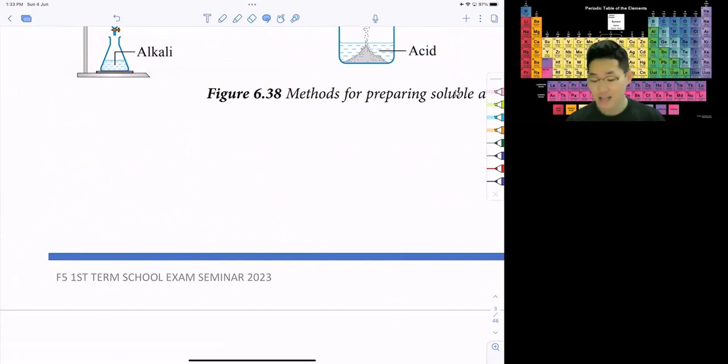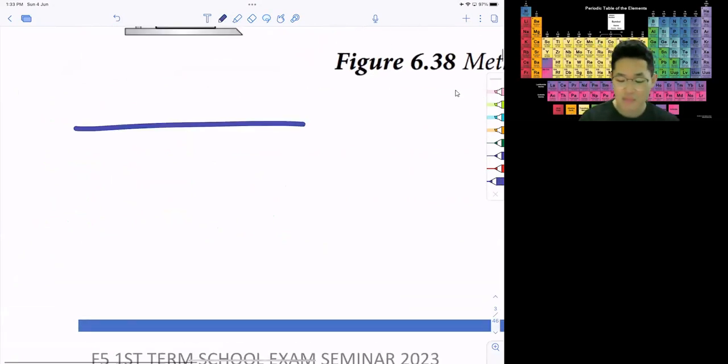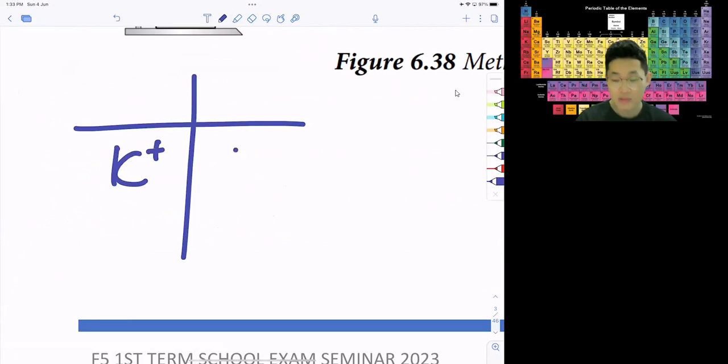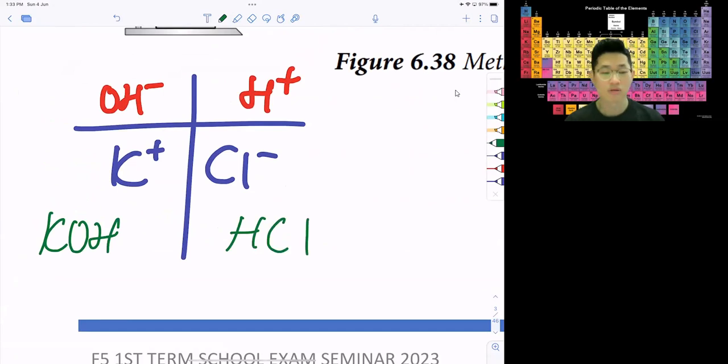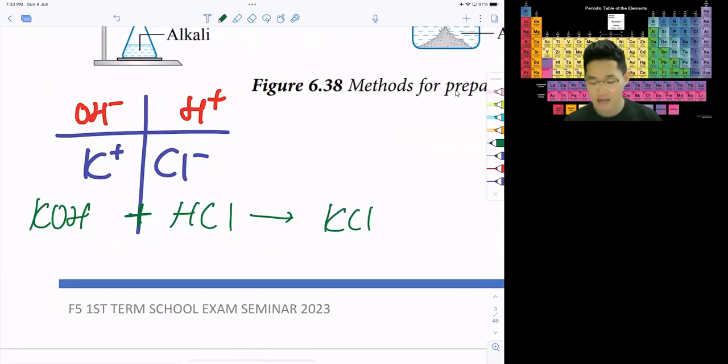Okay, KCl, thank you. So KCl is made up of K plus, Cl minus. Same. OH, H. We get KOH, HCl. These are the reactants. When you do the equation, you get KCl.